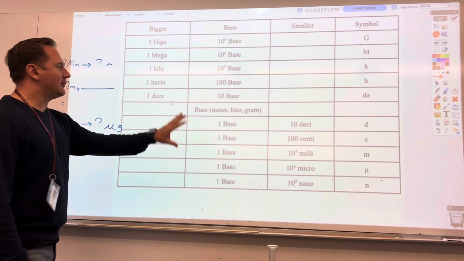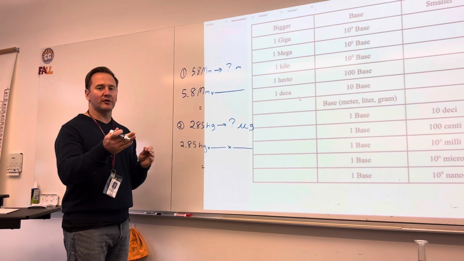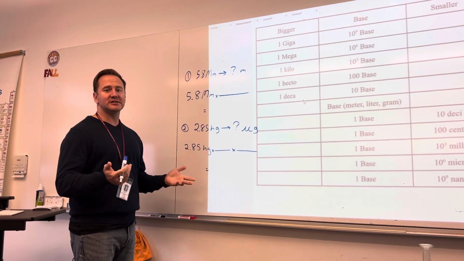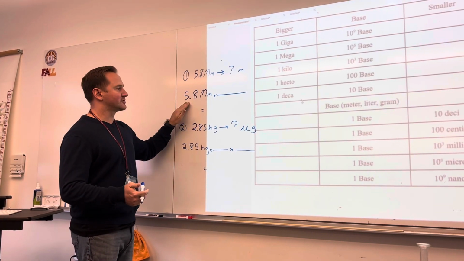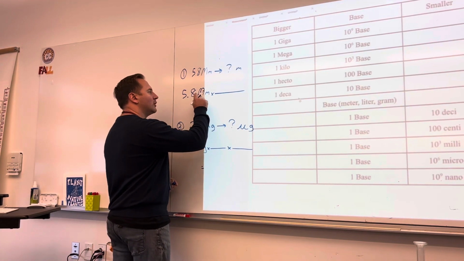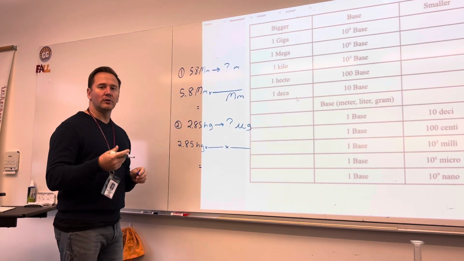So now I'm going to show you how you can use these conversion factors to convert from one term to another. So say we had 5.8 megameters and I asked you how many meters that is. I want you to use dimensional analysis to set this up in order to solve the problem. Use the relationship you know. And again, when you're doing dimensional analysis, always put the unit that you have on the bottom and put what you're looking to go to on the top.